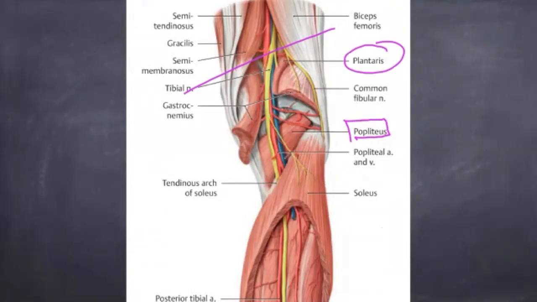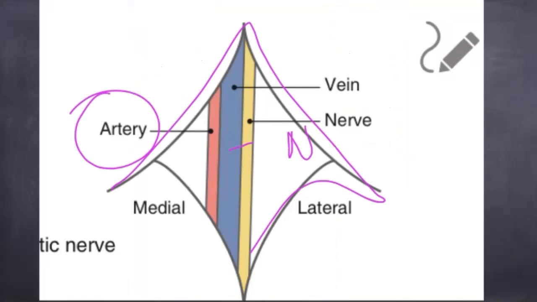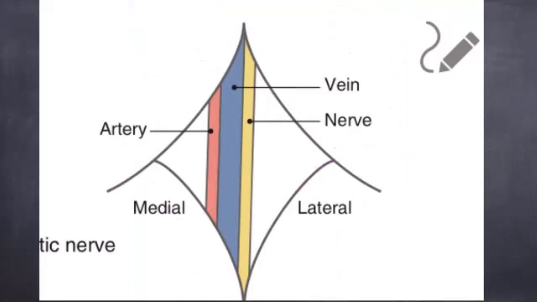You see how they are giving branches. And this is the schematic diagram of artery, vein, and nerve within the diamond-shaped popliteal fossa.